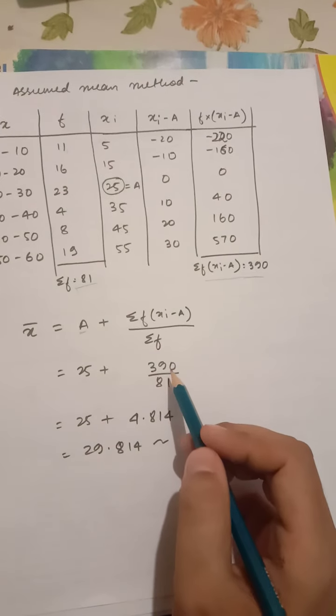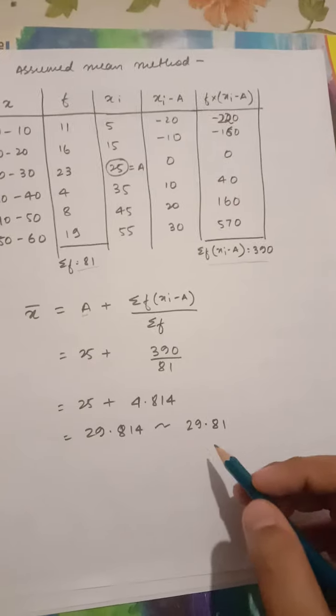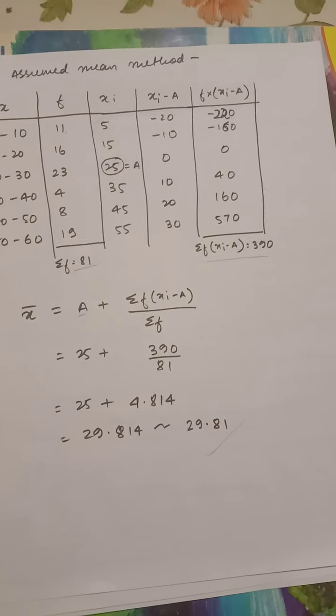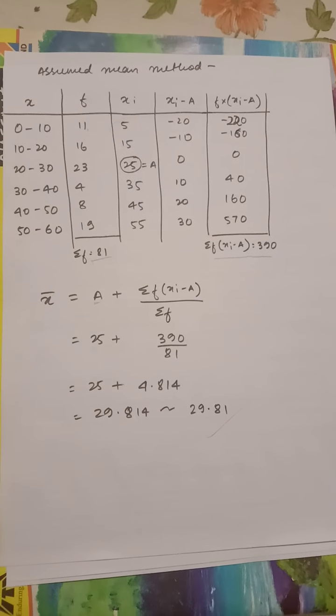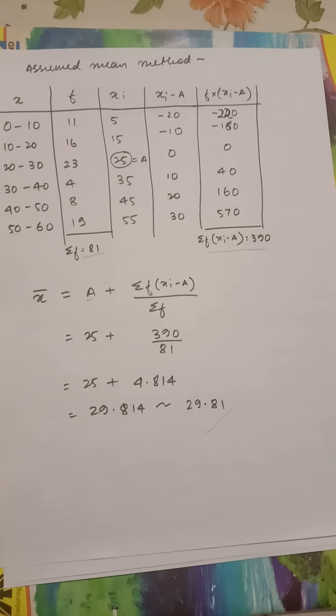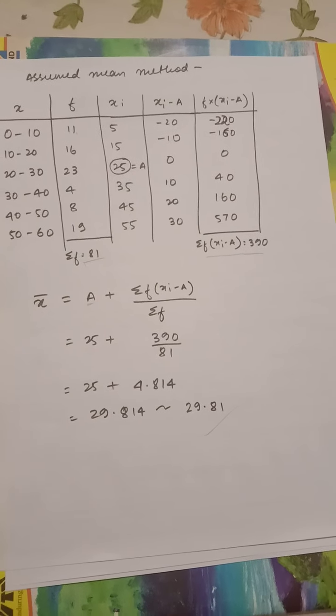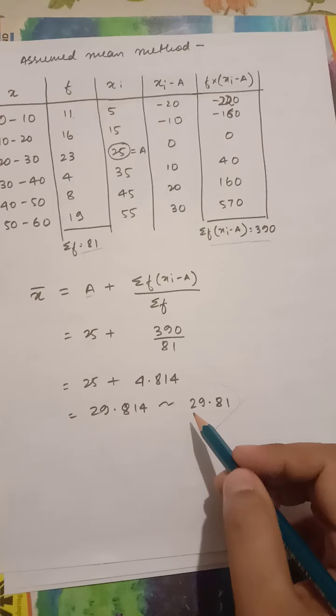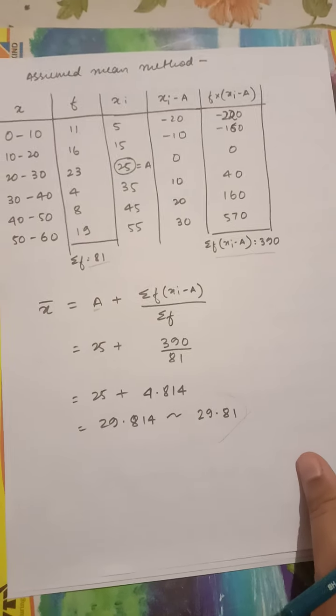So 25 plus 390 by 81 gives 29.81. Remember that whether we find the mean by the direct method, the indirect method, or any method, the answer is always the same. It never differs.